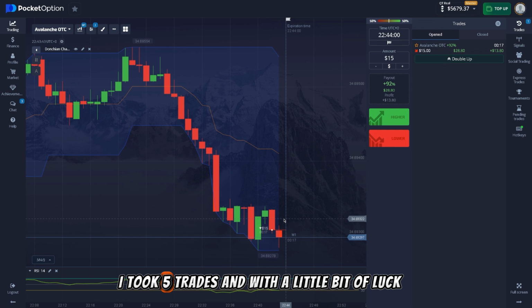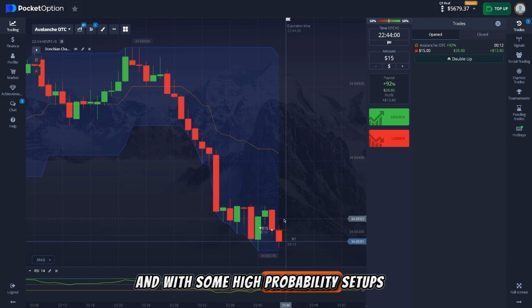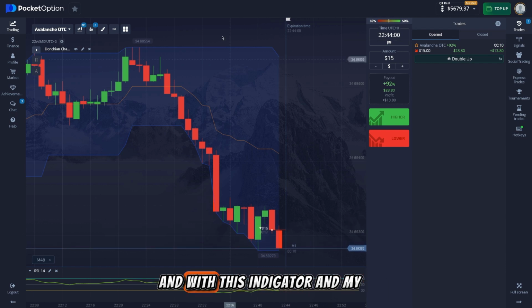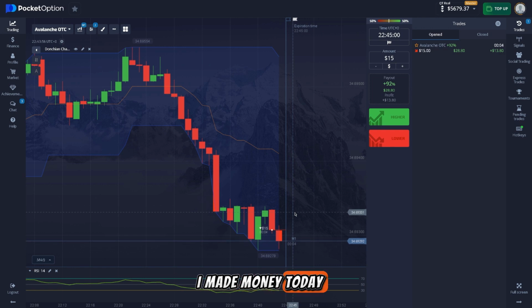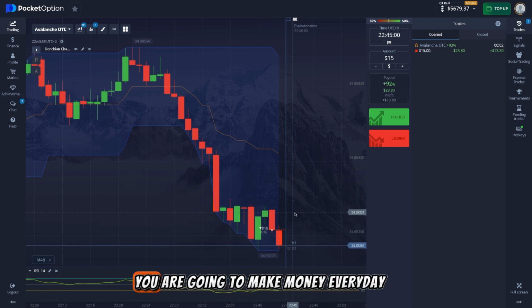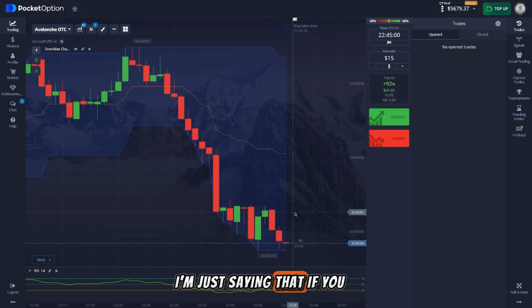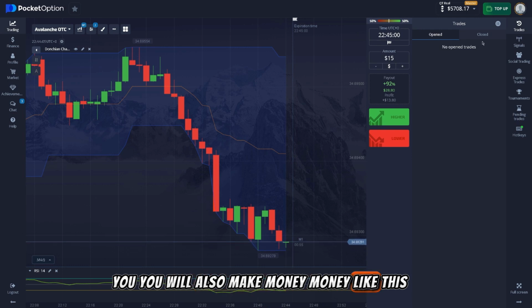I took 5 trades, and with a little bit of luck, some high probability setups, this indicator and my technical analysis, I made money today. I'm not saying that you are going to make money every day. I'm just saying that if you follow this, you will also make money like this.